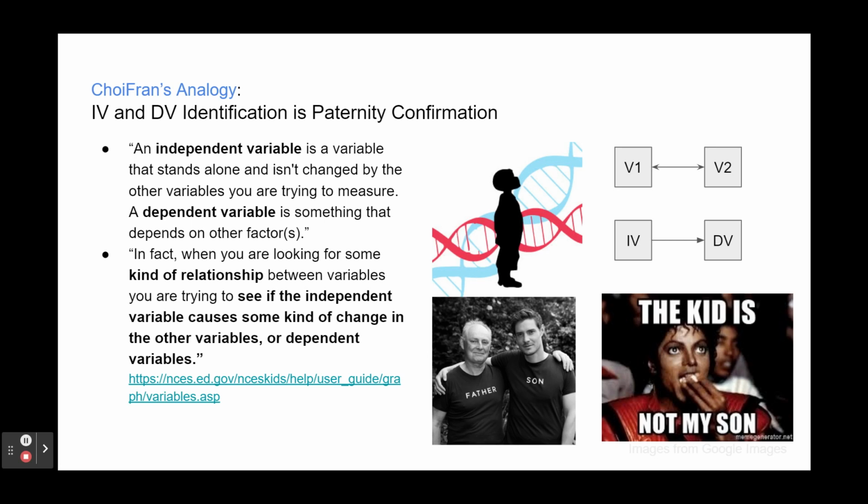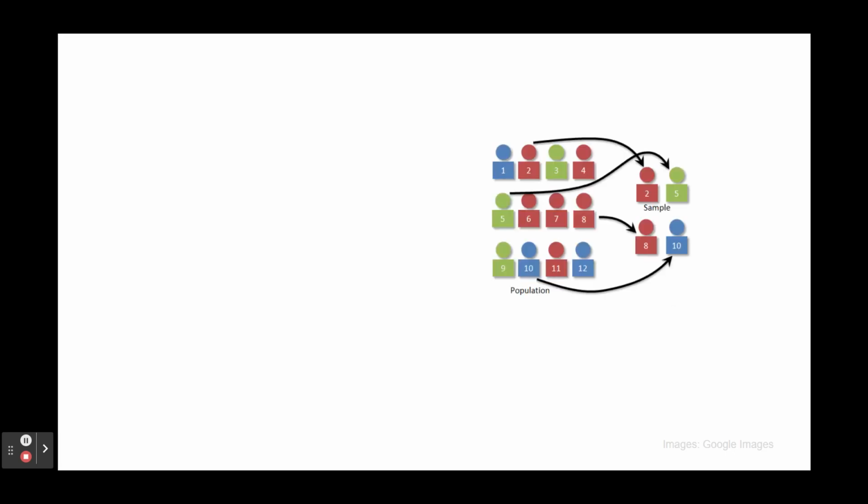We are able to explain the dependent variable using the independent variable, and we can describe the relationship between two variables using this causal relationship, where they causally influence each other. All right, that's another analogy.